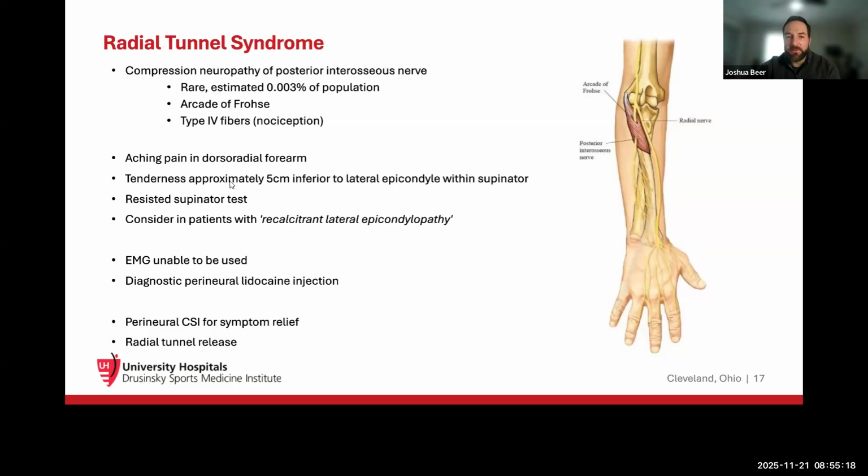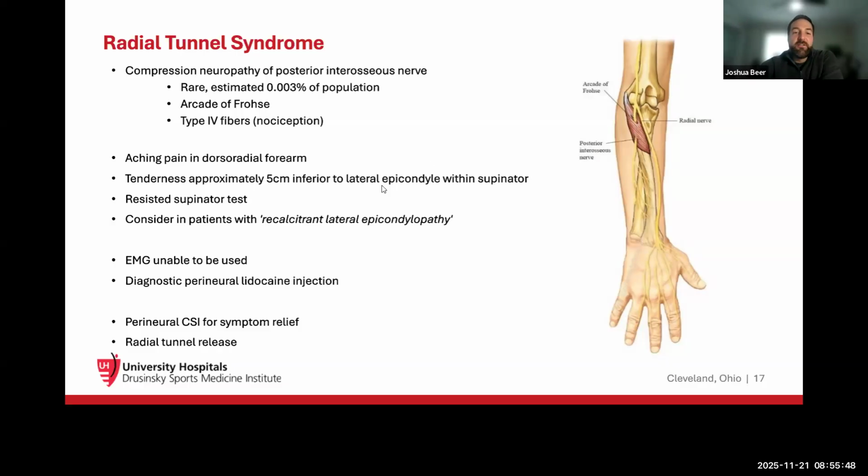They may have increased tenderness about 5 centimeters below the lateral epicondyle within the supinator muscle mass. And so again, think back with lateral epicondylitis, we said they should be tender right at the lateral epicondyle and that proximal extensor tendon. If they're not, and the tenderness is more in the proximal muscle bulk, and they're complaining of pain and paresthesias, you want to think more of potential radial tunnel syndrome.